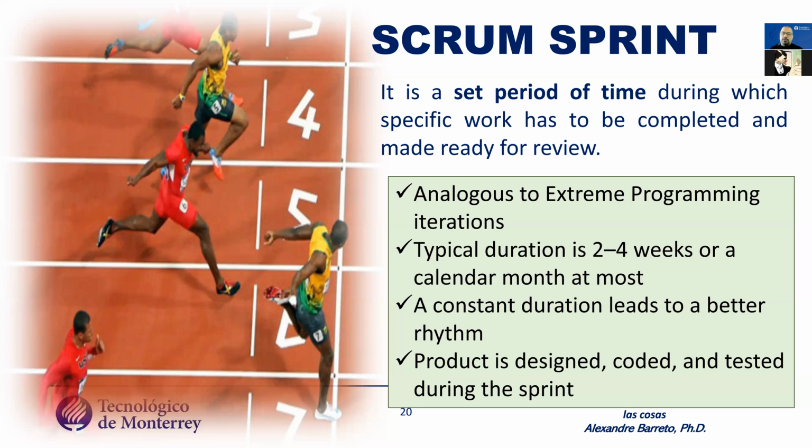Okay. During the sprint, the product is designed, coded, and tested. You need to perform the 3 tasks during one sprint. It's an amazing thing because, for example, maybe you have a user story that you need, for example, 5 weeks to implement. What does it mean?